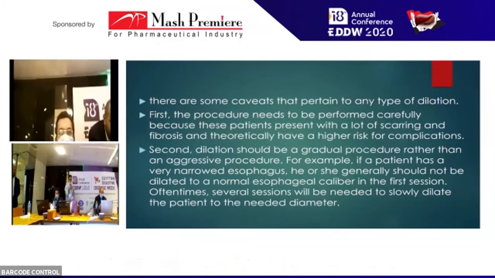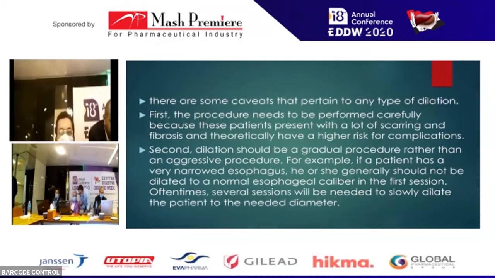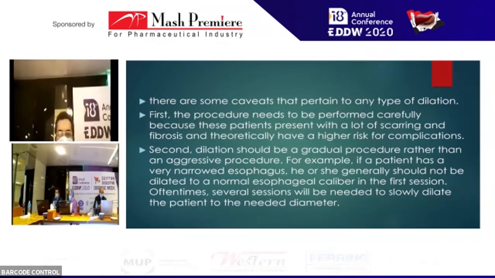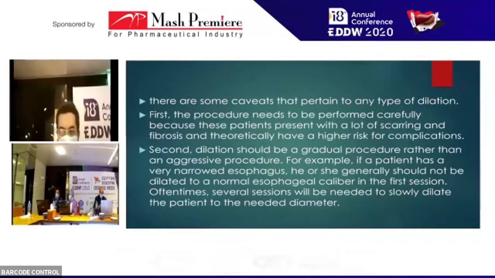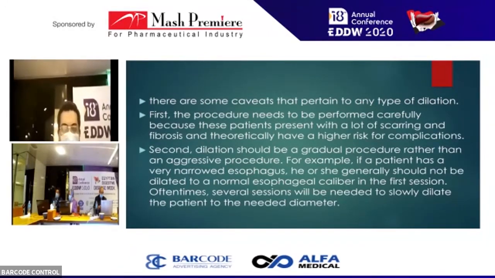Second, dilation should be a gradual procedure rather than an aggressive one. For example, if the patient has a very narrow esophagus, he or she generally should not be dilated to a normal esophageal caliber in the first session. If it is a very tough stricture, he may need many sessions.